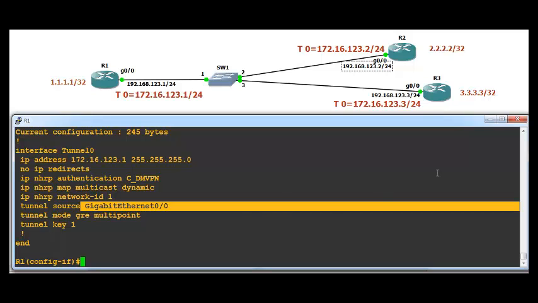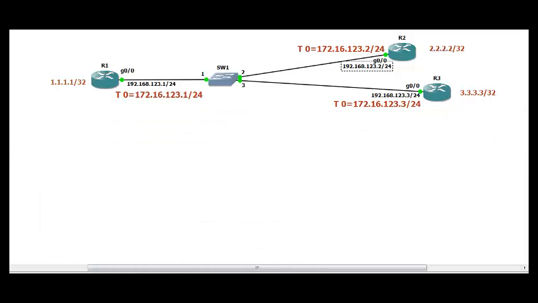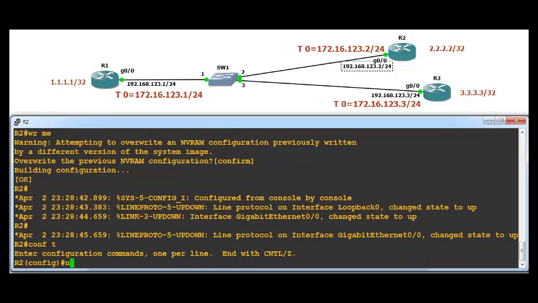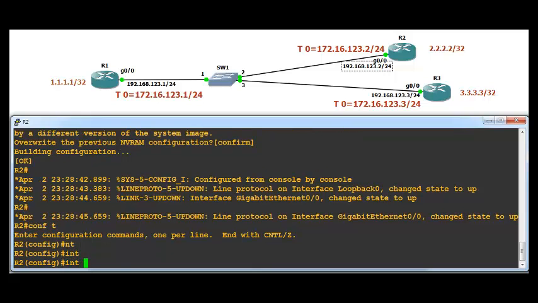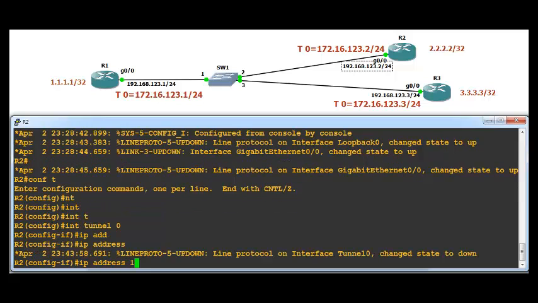Right. So now let us go to the other side, the spokes. Over the spokes, most of the commands are the same. Only 2 additional commands you will see. So I am saying interface tunnel 0, IP address, as you know, 172.16.123.2.